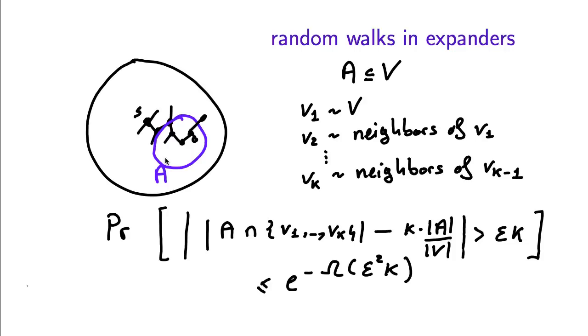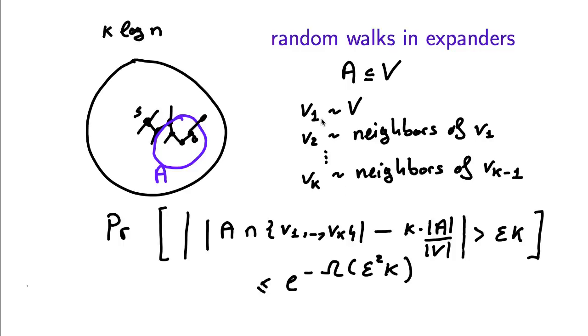And the difference in the amount of randomness that is needed can be significant, because if we want to generate k elements out of a set of size n uniformly and independently at random, then we're going to need to use k times log n random bits.